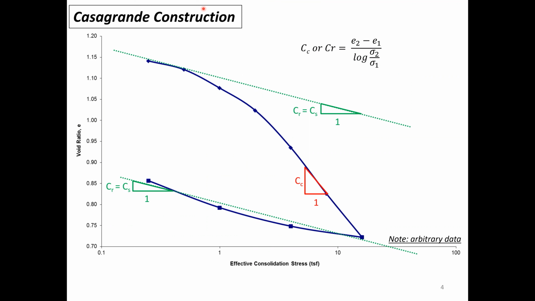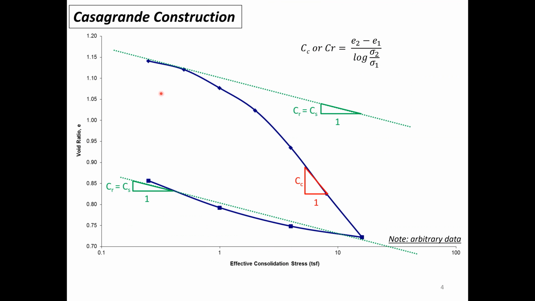Okay, next, we also need to find out other parameters: the compression index, C sub C, and also the recompression index, C sub R. And sometimes it's called C sub S, the swelling index.